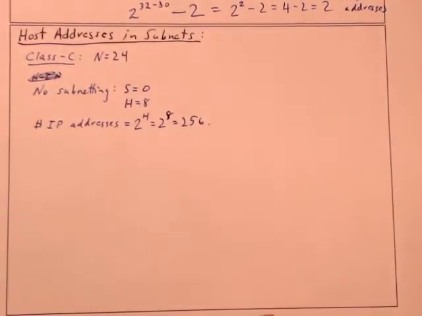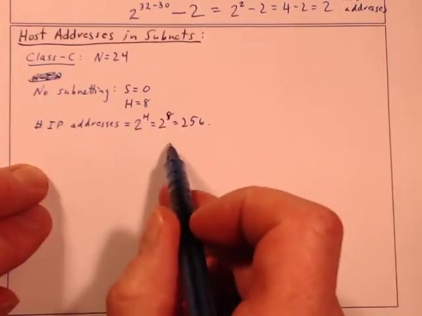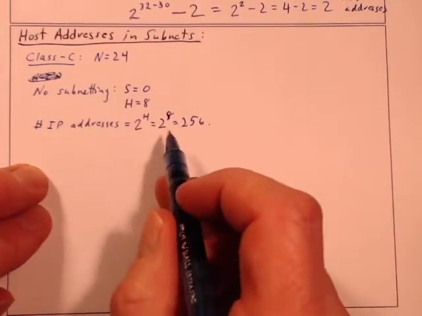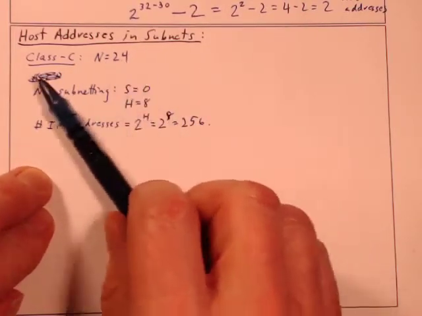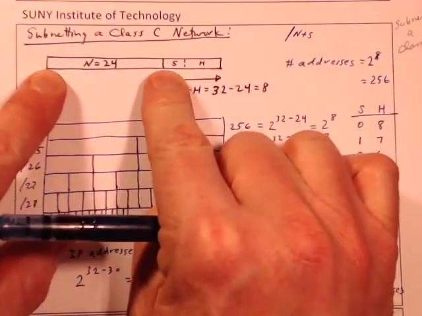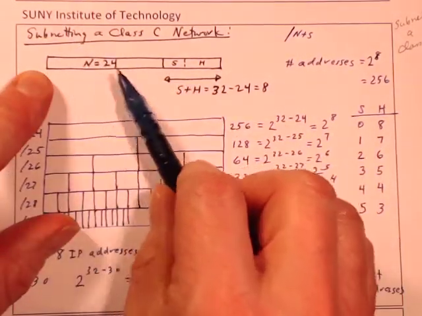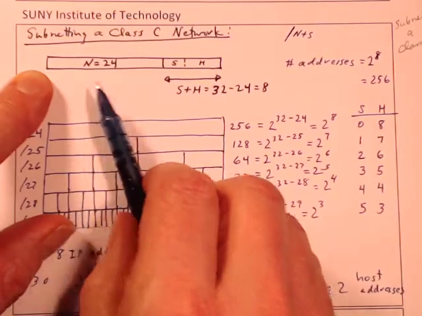And the idea here is that then we want to come up with the IP addresses. Well, when we have n equals 24, when we have a Class C, those first 24 bits represent 3 times 8, or the first 3 octets in the IP address. An IP address is usually broken up.